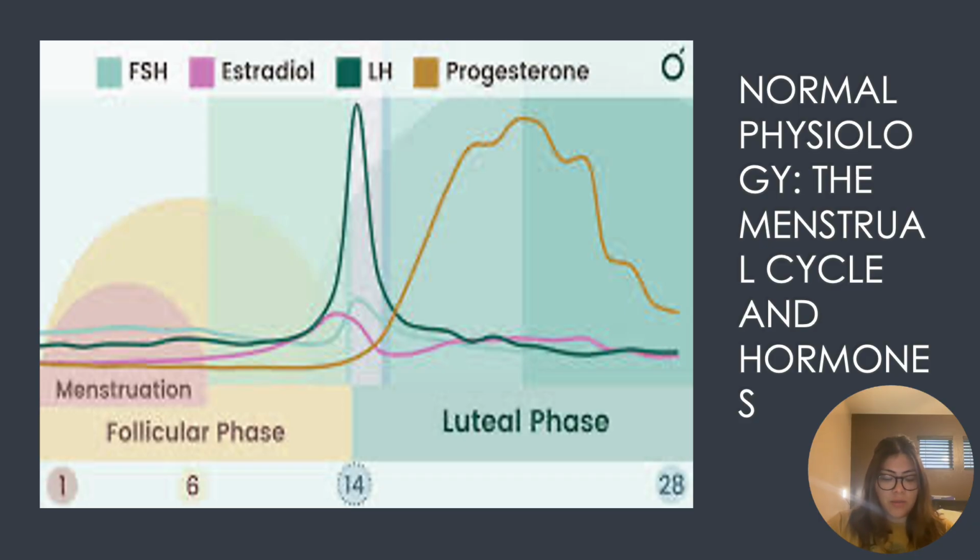As the follicles mature, they produce estrogen, which thickens the uterine lining. After ovulation, progesterone rises to prepare the uterus for pregnancy. If pregnancy doesn't occur, hormone levels fall and menstruation begins. This cycle depends on ovulation, balanced hormones, and normal follicle development, all things that PCOS disrupts.